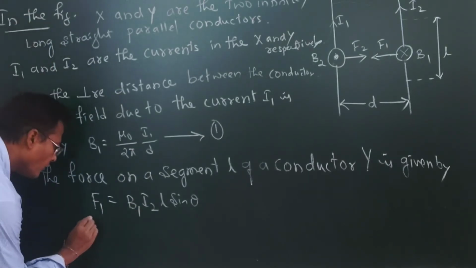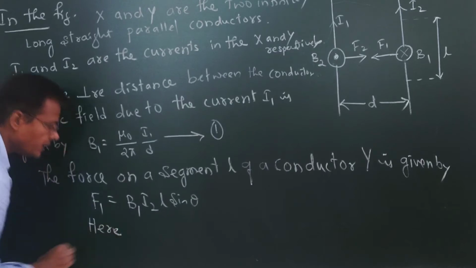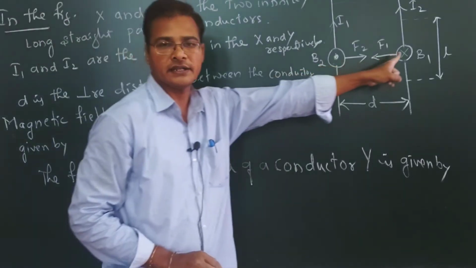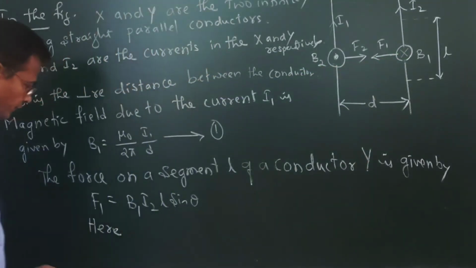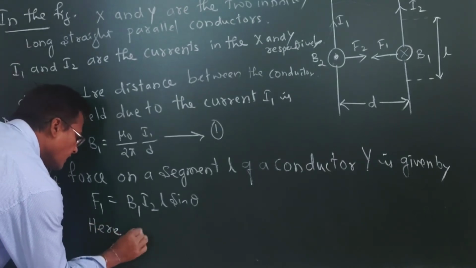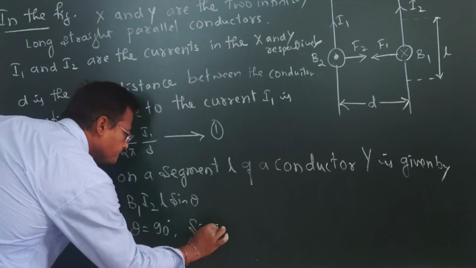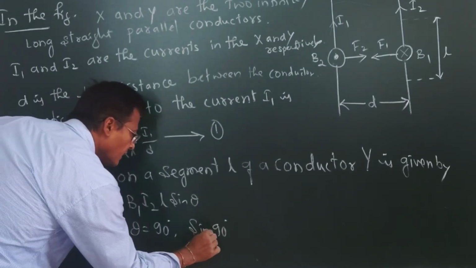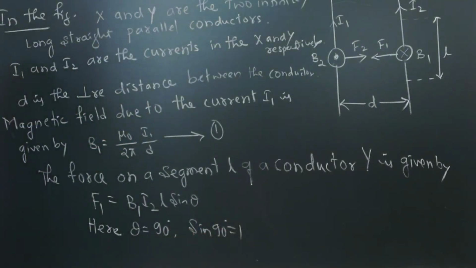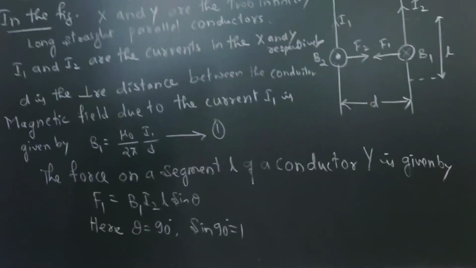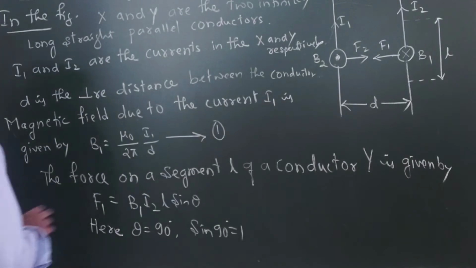Here theta equals 90 degrees, the angle between the current and the magnetic field. Sin 90 is 1. Now we are going to substitute the value.